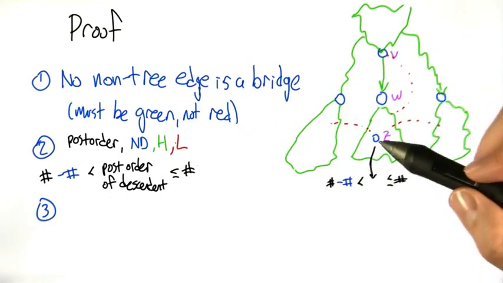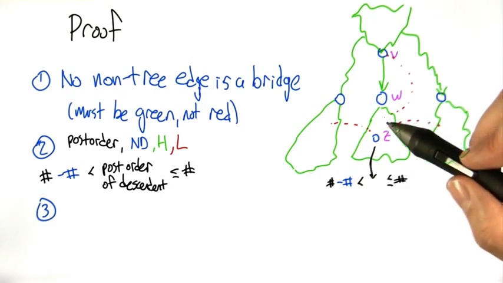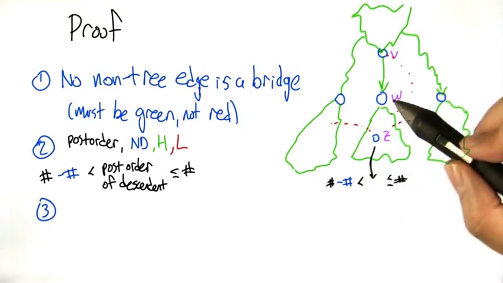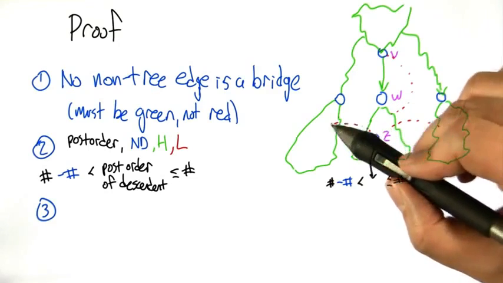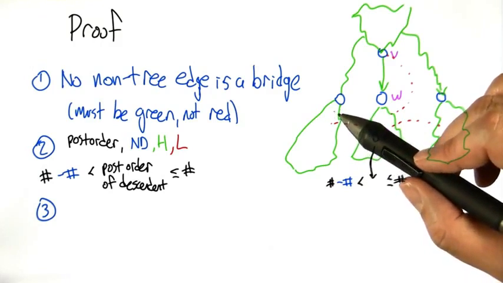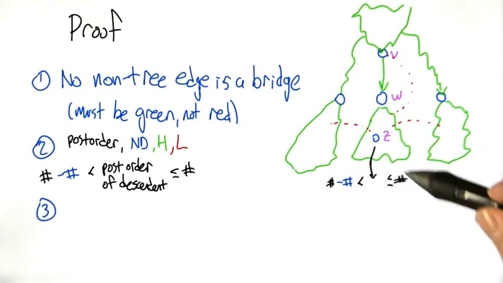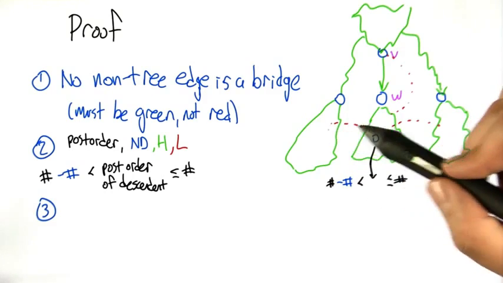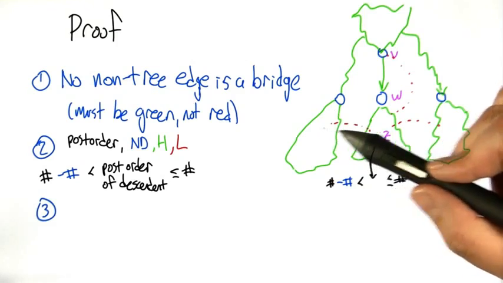Remember, the H value and the L value were defined specifically so that you follow a bunch of green edges and then you follow one red edge. Well, if a red edge takes us to the left of this tree, then the in-order value is going to be outside of this range, and in particular it'll be too small, and that'll tell us that we've linked to something outside to the left.